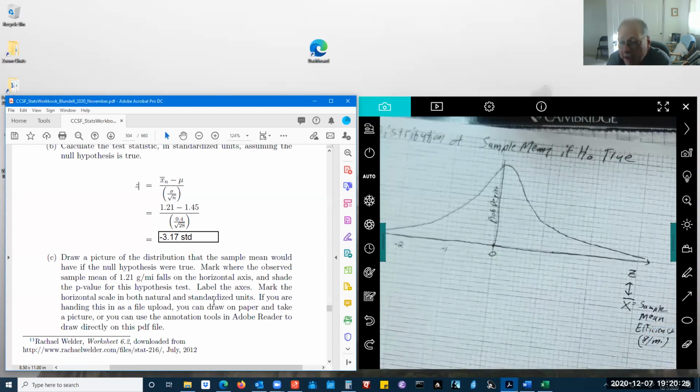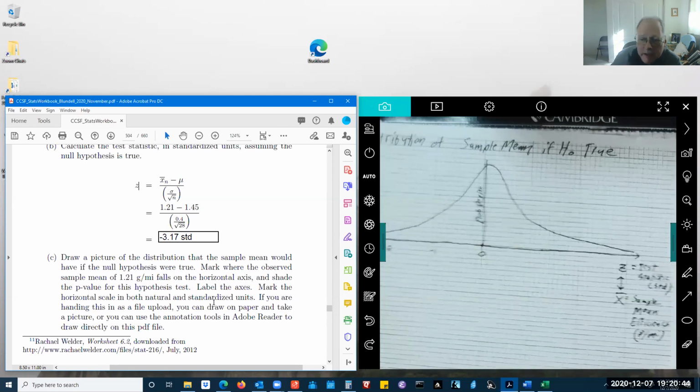That's in grams per mile. And this is the Z-score, or the test statistic, which is the same thing, just standardized units.